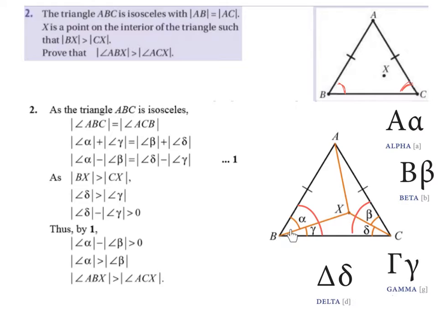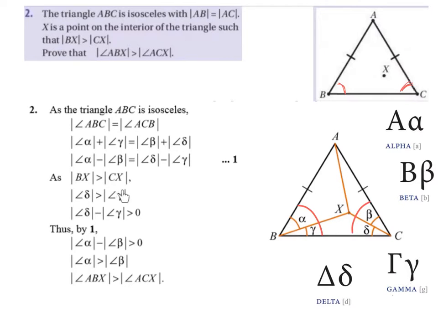If the distance from B to X is greater than the distance from X to C, then the angle opposite the greater side, angle delta, must be greater than the angle opposite the smaller side, angle gamma.